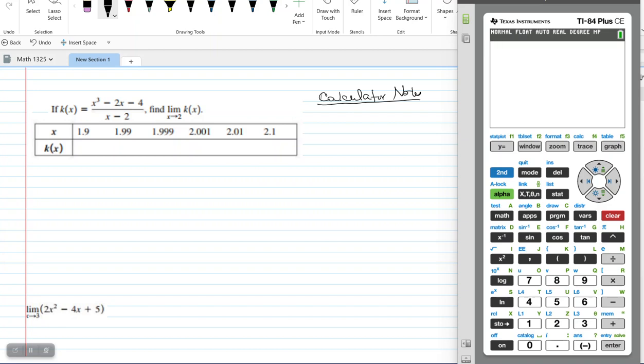And I hope you've all decided somewhere to get a calculator to do this course. All right. On a calculator, we are finding specific values as it approaches 2, because we want the limit as x approaches 2, but we're looking at it from the left and the right. So we're going to first enter the function.